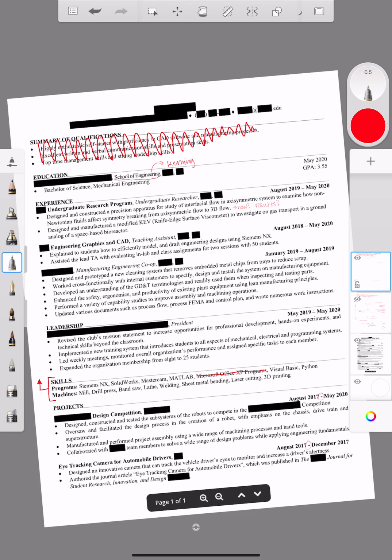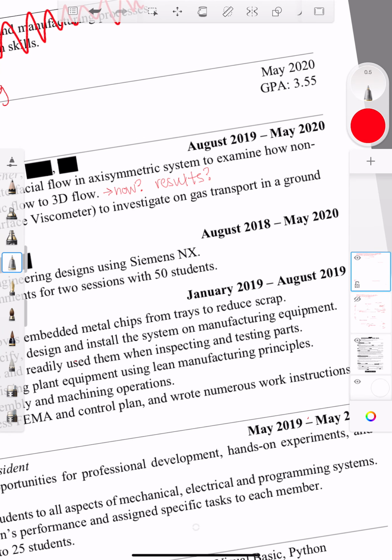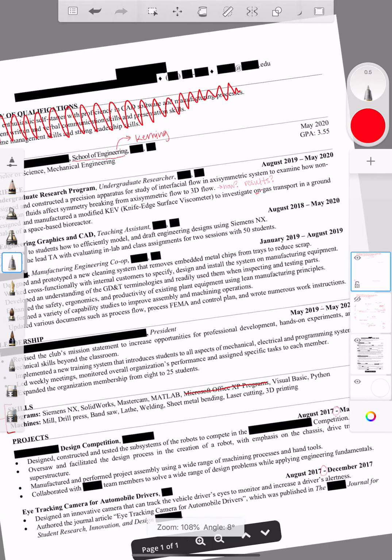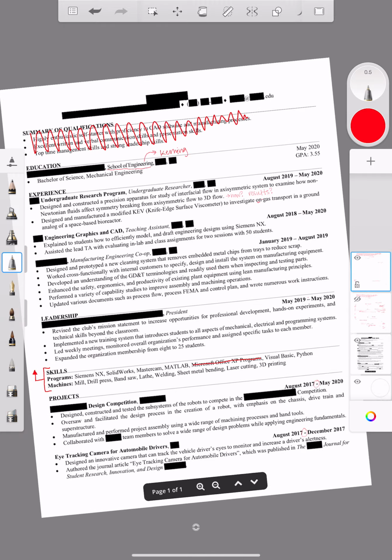And if you look at the second bullet point, it's kind of the same. "Designed and manufactured this KEV to investigate on-gas transport." I'm kind of confused by this "on." Should it be on-gas, like on hyphen gas, or is "on" just a weird extra word by accident? This seems like a really cool thing, like a space-based bioreactor.